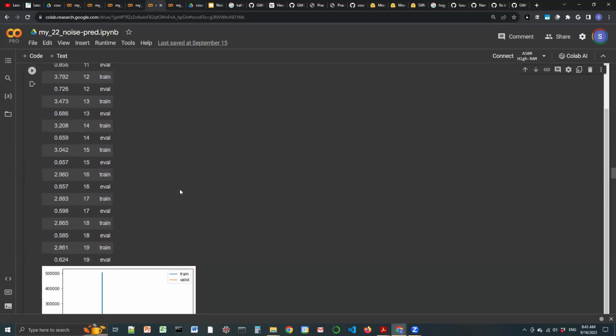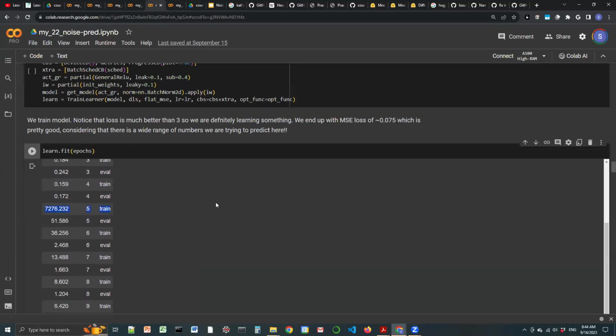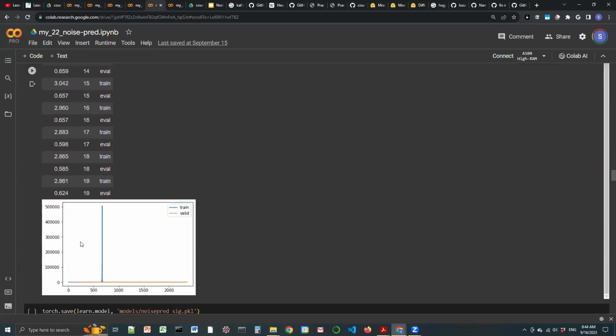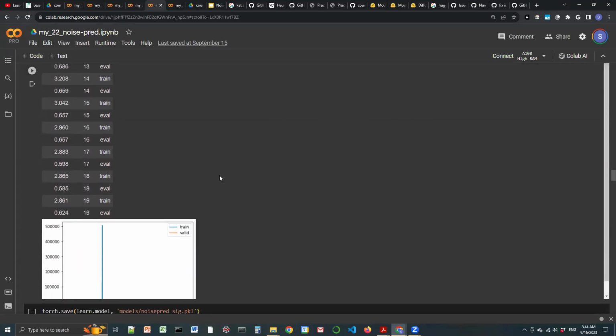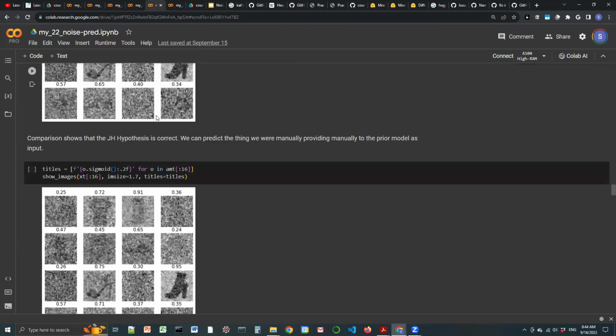It ends up at 0.6, but you can see that it actually started at a loss of 0.3. So something weird for sure is happening, and he ends up with a loss of 0.075, which you can go and look up in his reference notebook, but that's definitely what I'm getting as I run this. So right there is an indication that we are somewhat off the rails. And also, as I said, if you compare what it predicts to here, his predictions are much closer than what this network is doing.